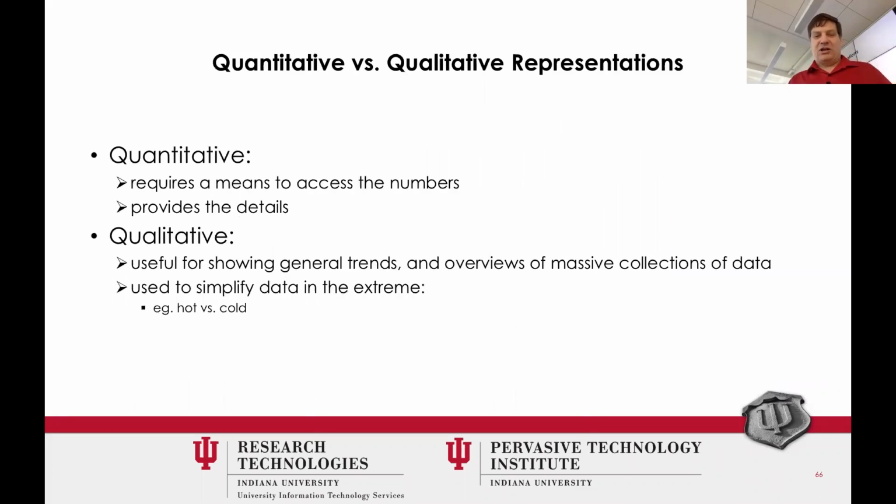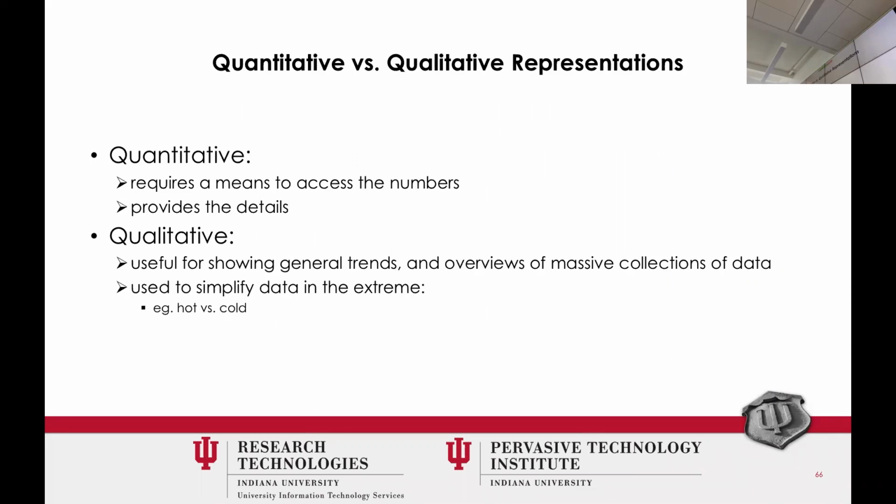All right, so a couple more slides on this, or I'm going to start talking about data, rather. So when we look at data, especially when we're presenting it, we can break it down into quantitative data versus qualitative data, and both have their role in visualization. So if we have quantitative data, it means we want to see the numbers, right? We want to get down to the details, and that's often important.